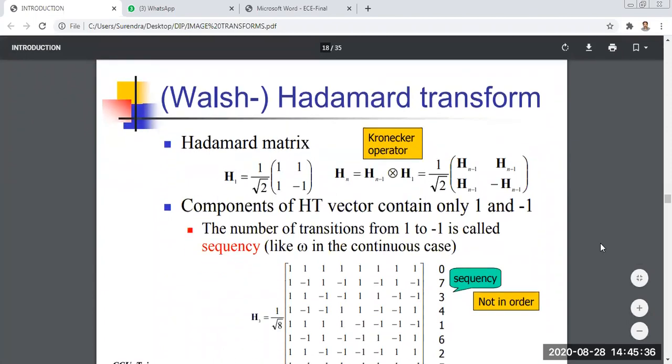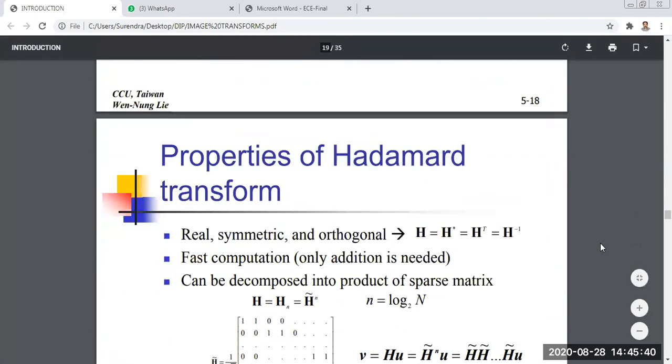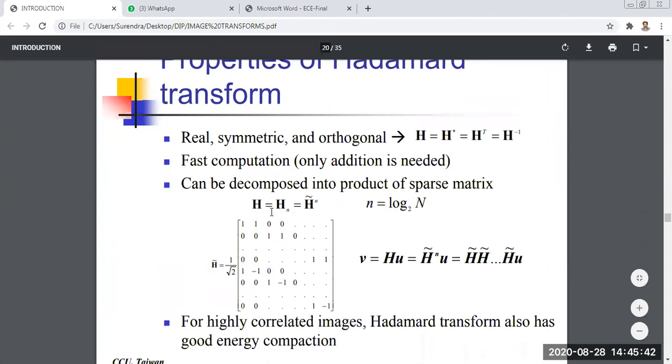Likewise, in the Hadamard transform, we are dividing the main matrix into submatrices, H equal to Hn or Hn complement. So finally your H complement will be like this: 1 by root 2 into 1 0 0 0 0 0. This is the extension version, if you want to increase the number of rows or the number of columns.